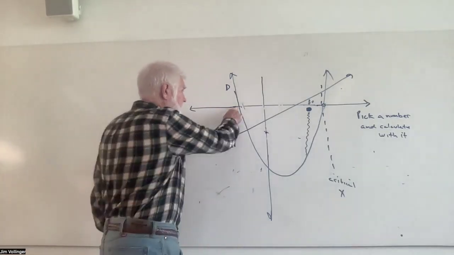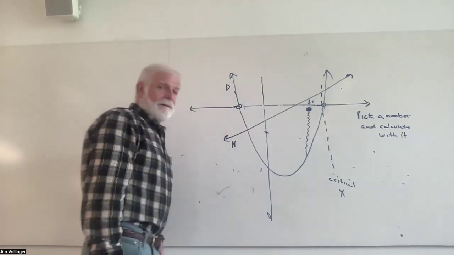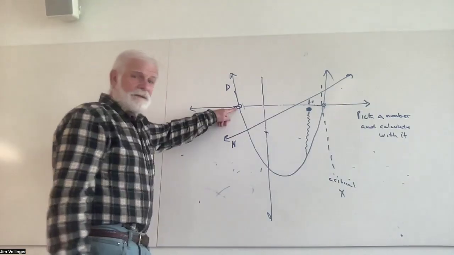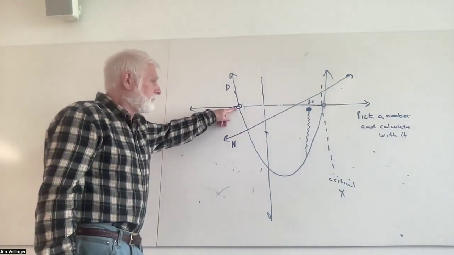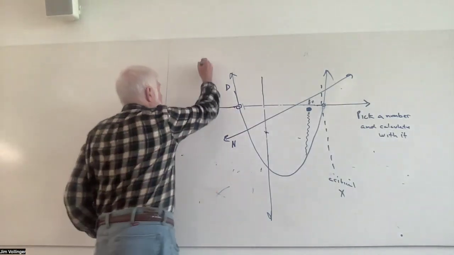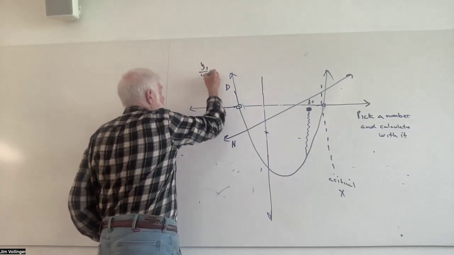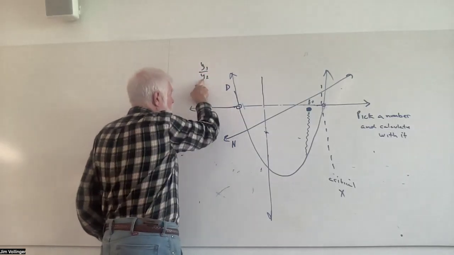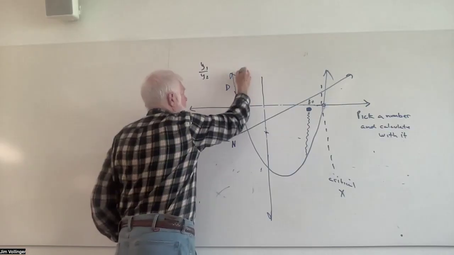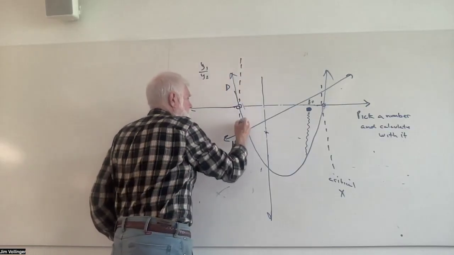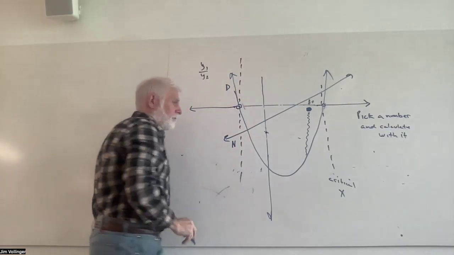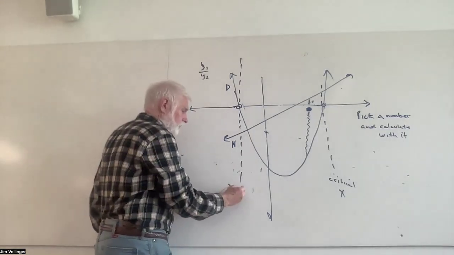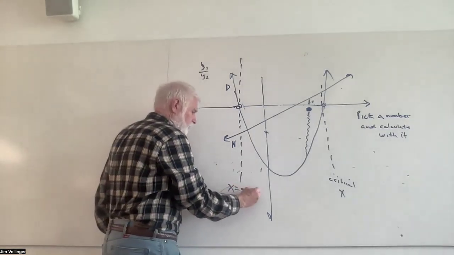And I think that happens over here as well. I think that's 0 for a y. So my y1 over my y2 right here, y2 is 0. I have another undefined moment. Now, when we're done, another critical number. I have another critical number.